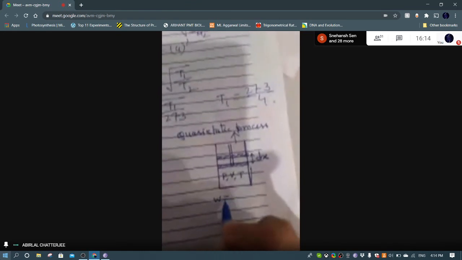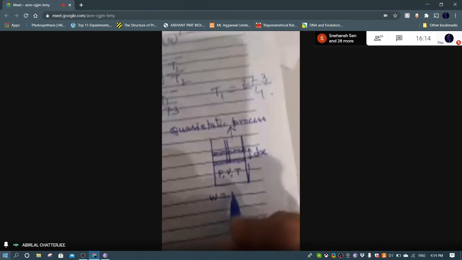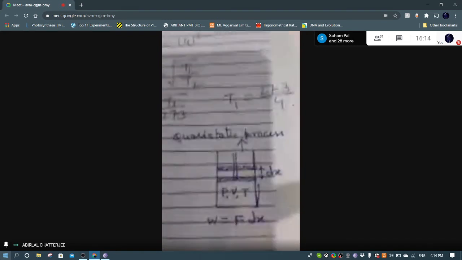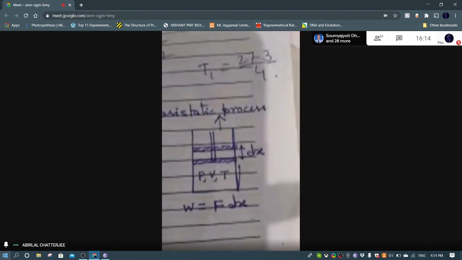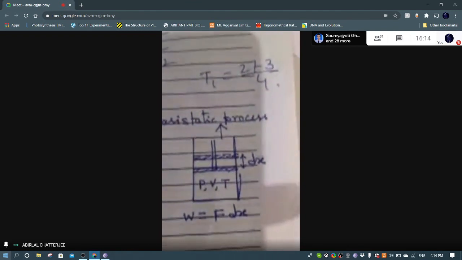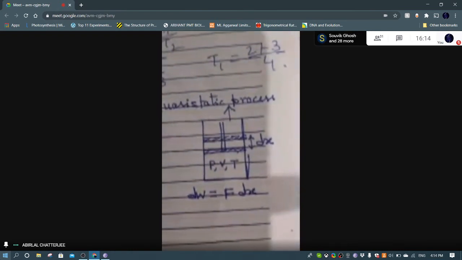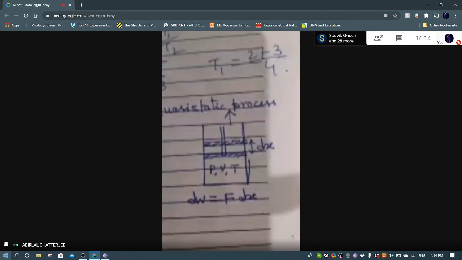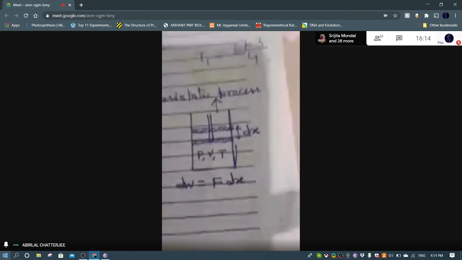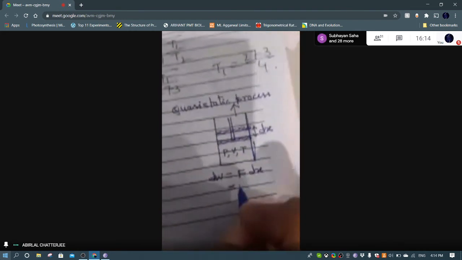So what is the work done for a small increment? W equals to what? F into dx. dW, actually, basically this is it. Is it okay? So dW equals to, write down, F dx. Now F equals to your what, sir?